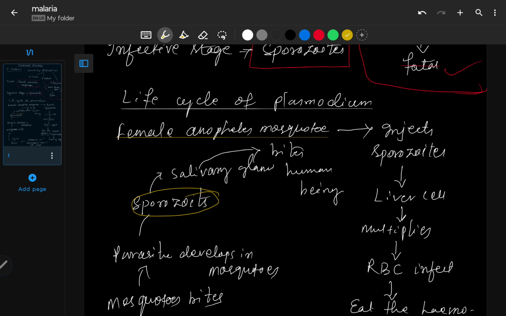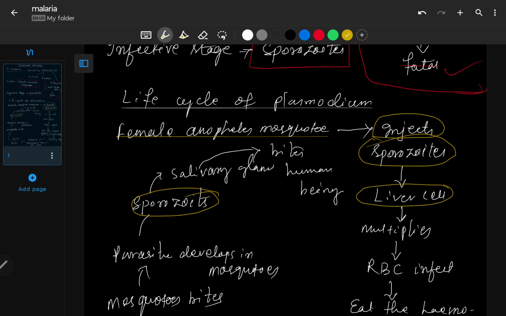Sporozoite is the infective stage, and when it bites a healthy person, it injects the sporozoite into the human body. Through the blood circulation it enters into the liver cell, eats the food stored there, and damages the liver cell by multiplying in it. It reproduces in the liver cell and releases out of the liver cell.